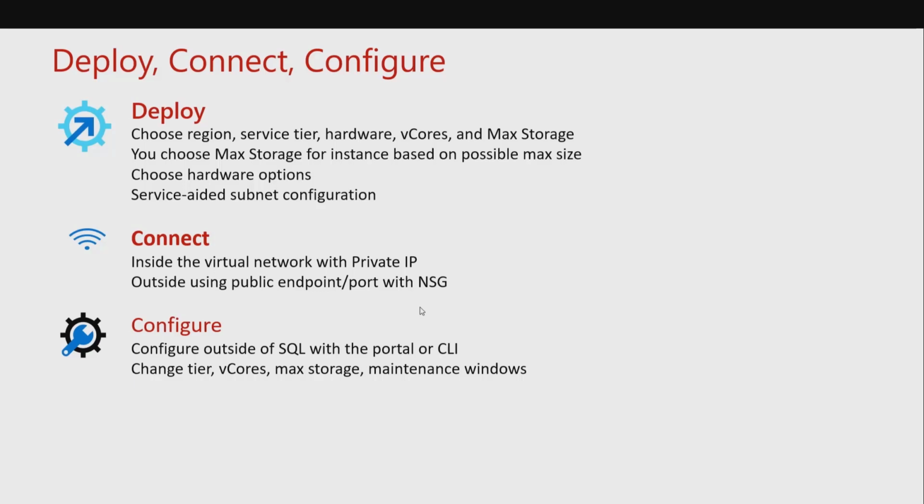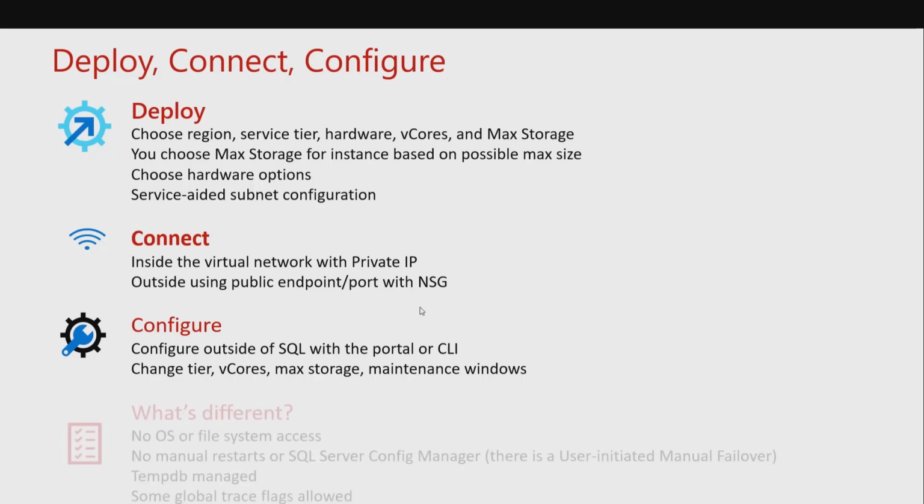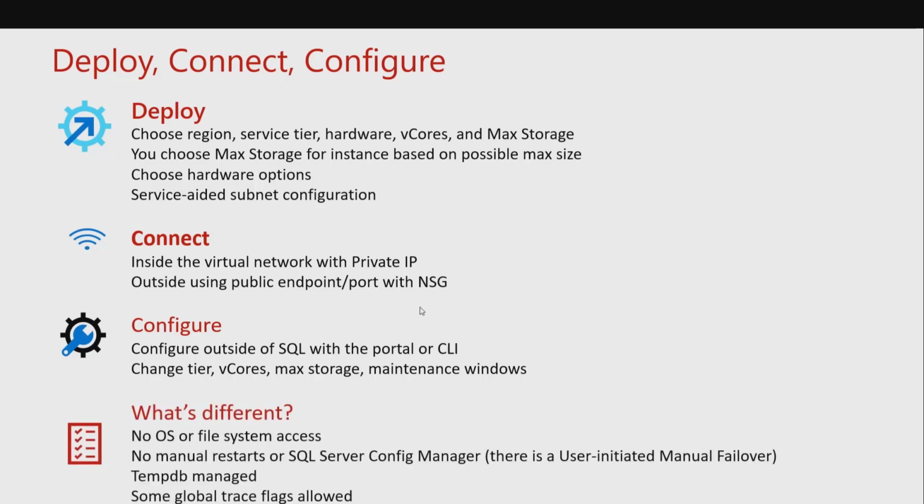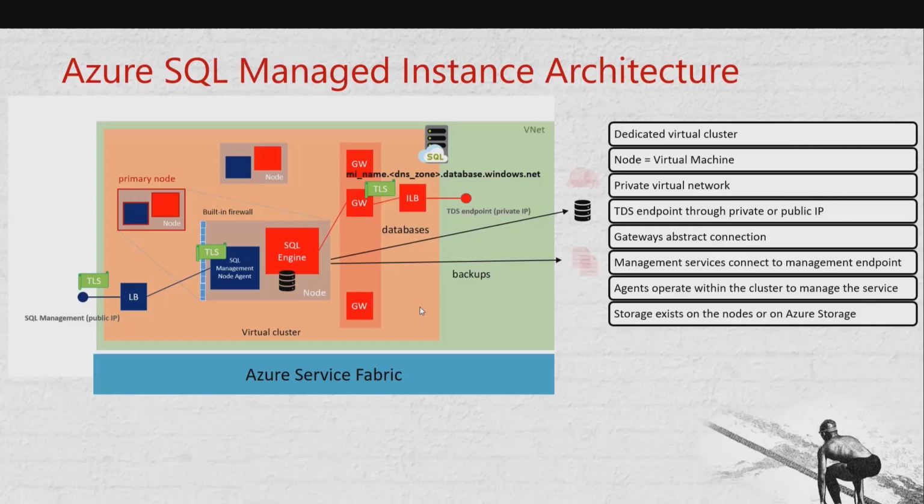You can change all these things. You can change the maintenance windows if something changes in your business requirements. There are some different things. Of course, we provide you the surface of the SQL server, but we do not provide you access to the underlying operating system because you want the service that is platform as a service.